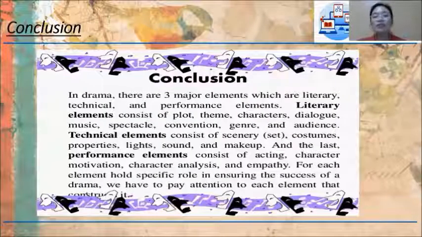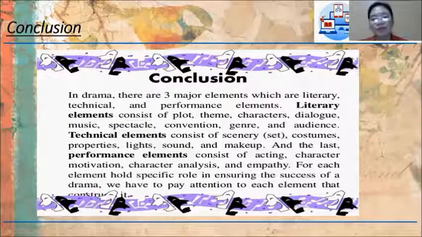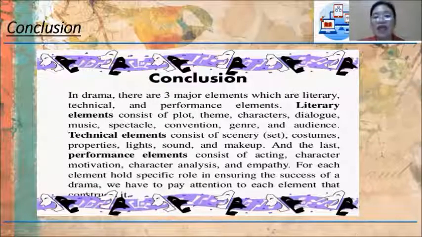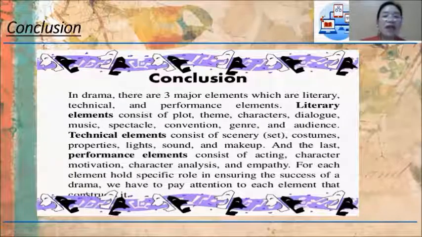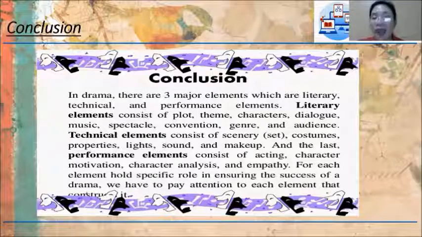Now, in conclusion, in drama there are three major elements, which are literary, technical, and performance elements. Literary elements consist of plot, theme, characters, dialogue, music, spectacle, convention, genre, and audience.